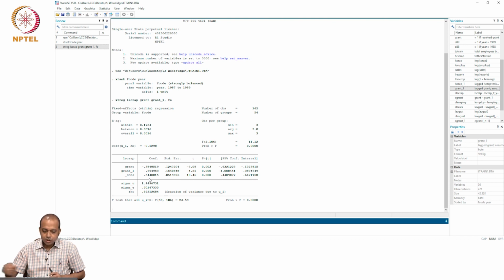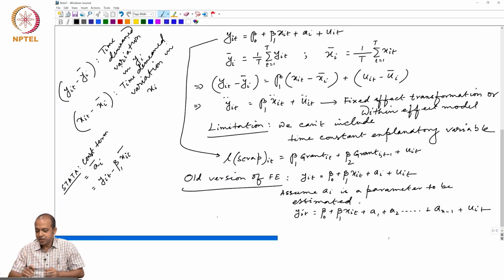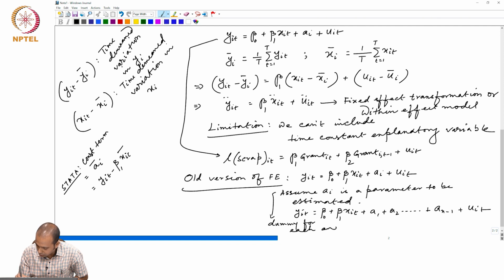So, Stata is actually not committing any mistake; rather, Stata is estimating another version where A_i is considered as a parameter. That means we are assigning a dummy for each and every individual.